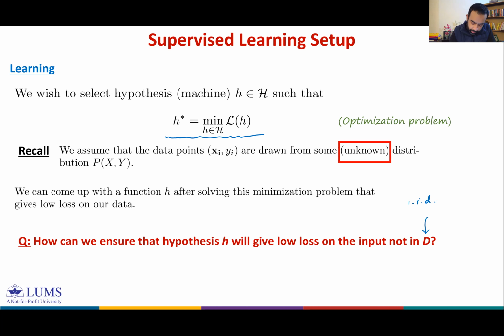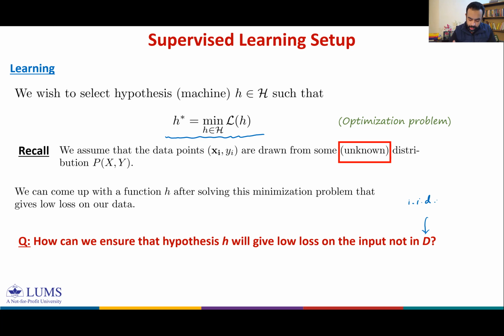But if the data points are not a true representative of the distribution, we cannot claim or generalize the given hypothesis for every point in the distribution. And that's why in machine learning, there's a lot of focus on collecting the data, or designing experiments for collecting the data, so that we capture all the variabilities in the population.